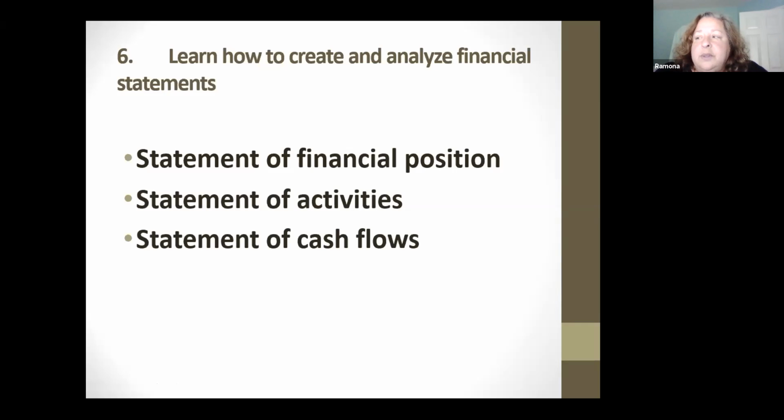So either way you do this, if you're starting out in an Excel spreadsheet, you're going to have a hard time creating financial statements. Not necessarily a hard time, but it's going to be time consuming. So the three things that we look at are this balance sheet or financial position, the statement of activities, which is a profit and loss, so basically our income less our expenses, and a statement of cash flow.